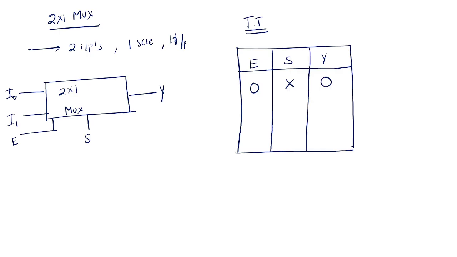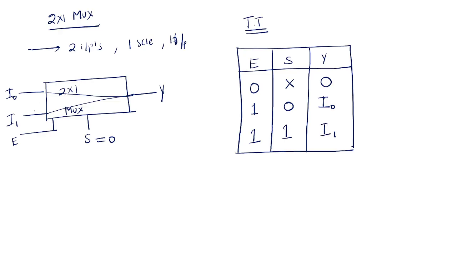When enable equals 1 only, the MUX is set to be in functional mode. When S equals 0, I0 is connected to the output. When S equals 1, I1 is connected.